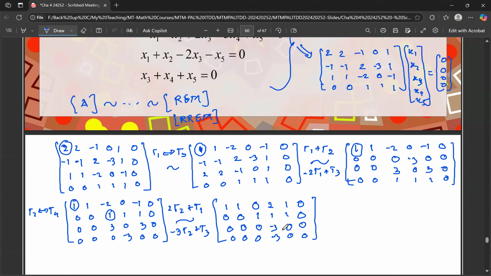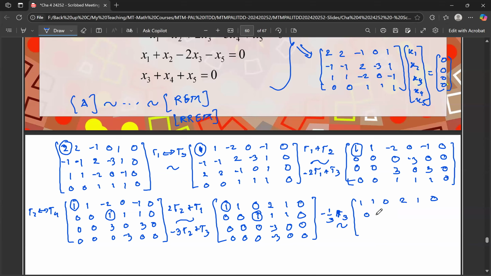Look at this one. This is the leading one, so the next leading one must be -3. We divide R3 by -3. We have 1, 1, 0, 2, 1, 0.